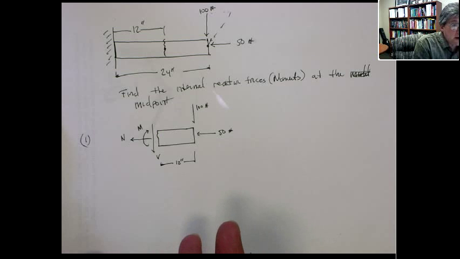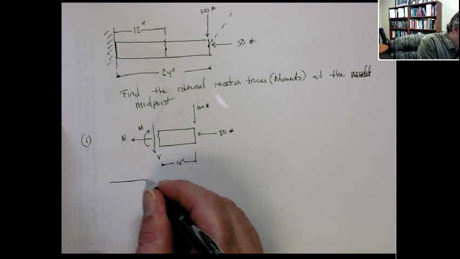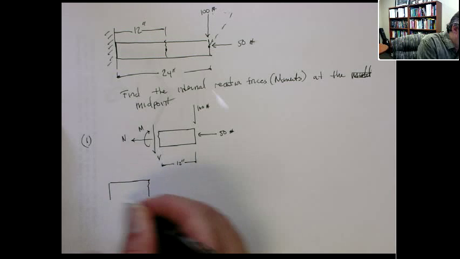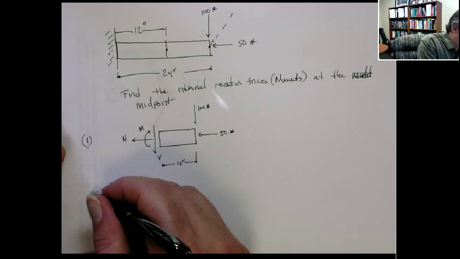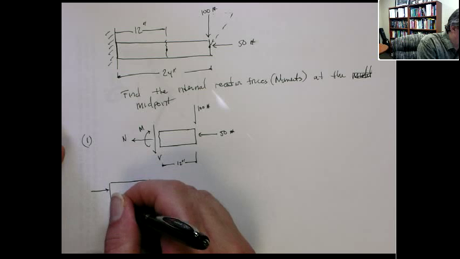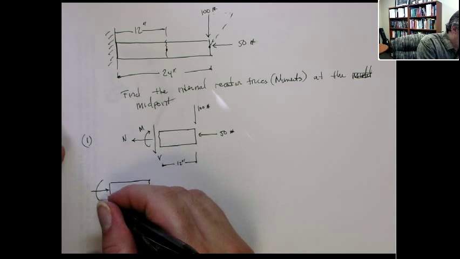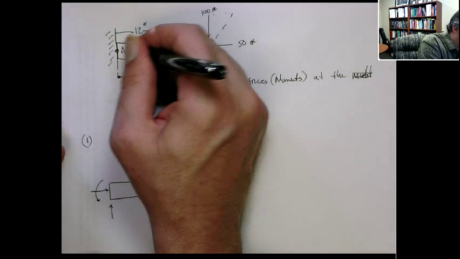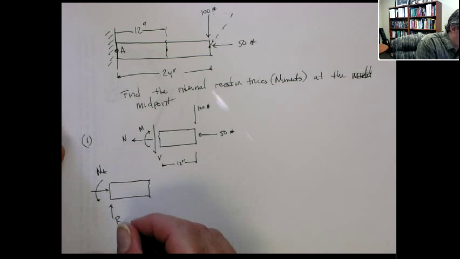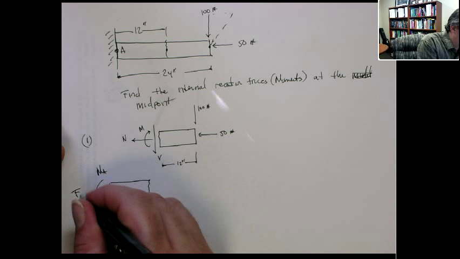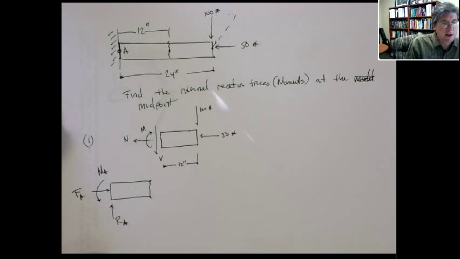We could also draw the free body diagram on the left side. Now this is a built-in support, so it has a reaction force in the x and y direction as well as the moment. So let's call this point A. We've got a moment at A, y reaction at A, force in the x direction at A, called F and R just to keep the subscripts reasonable.